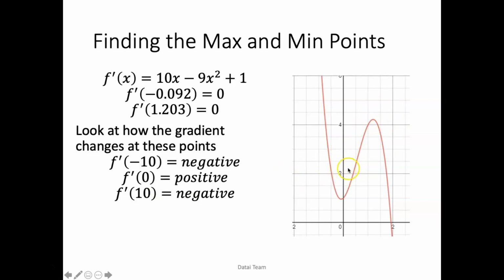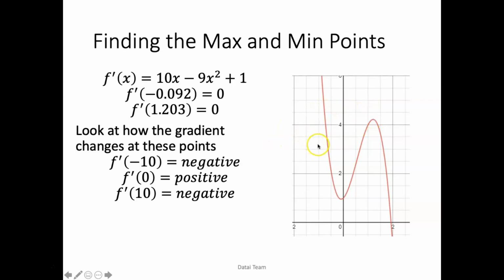So negative, positive, negative. It is increasing up until this point, but the rate of increase is decreasing. Here it becomes 0, and it becomes negative. So we can say that this is a maximum.